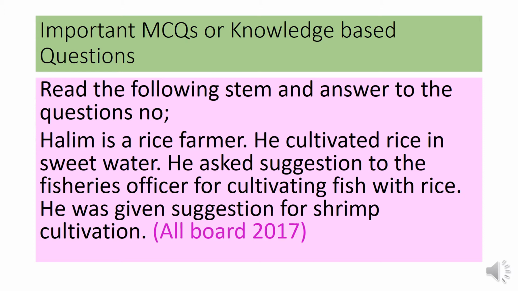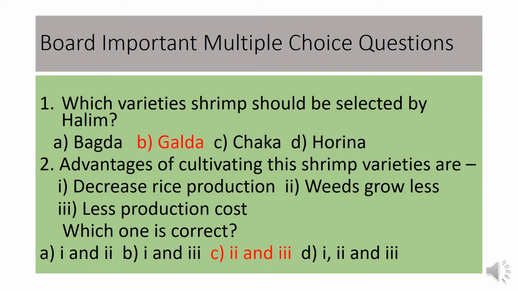He was given a suggestion for shrimp cultivation. This question is like the previous question: which variety of shrimp should be selected by Halim, Bagda, Golda, Chaka or Horina? And then the advantages of cultivating these shrimp varieties are: decreased rice production, weeds grow less, and low production cost.